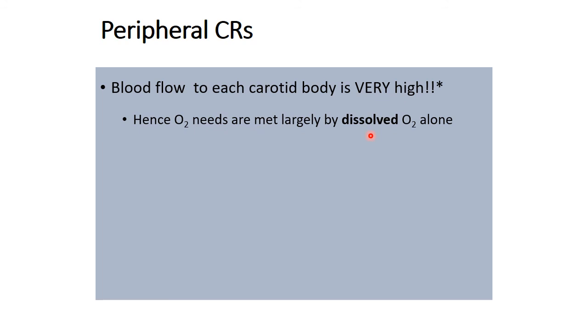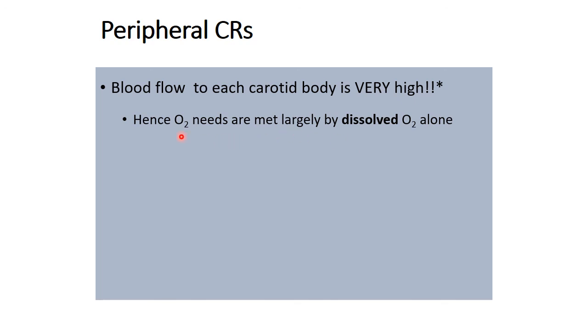Now, you would remember that oxygen is carried in blood in two forms. One is the dissolved form, which is very less. If you remember, it's only 3% of total oxygen content of the blood that is carried as dissolved oxygen, while 97% is oxygen bound with hemoglobin, right? You remember that.